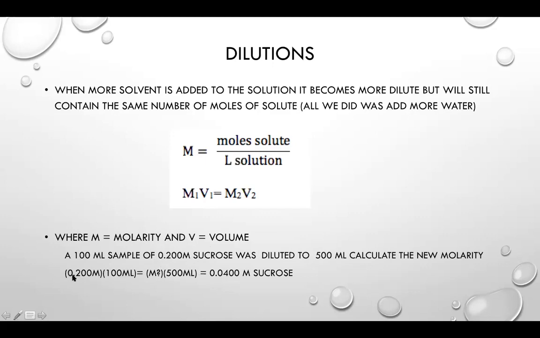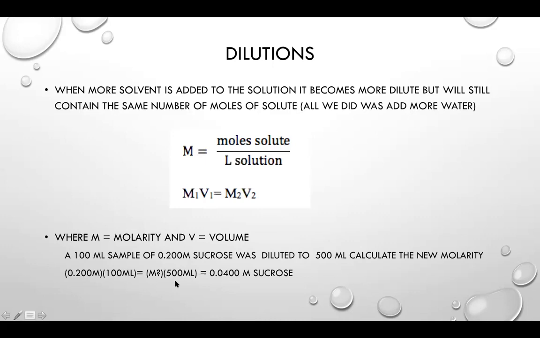We'll plug 0.200 M and 100 mL into the M1V1 side of the equation on the left. And then we want to know what the new molarity is, what the M2 is, so we have a question mark here because we don't know yet. Then we'll have 500 mL, that's our final volume that we were given, the V2. And so we want to solve for M.